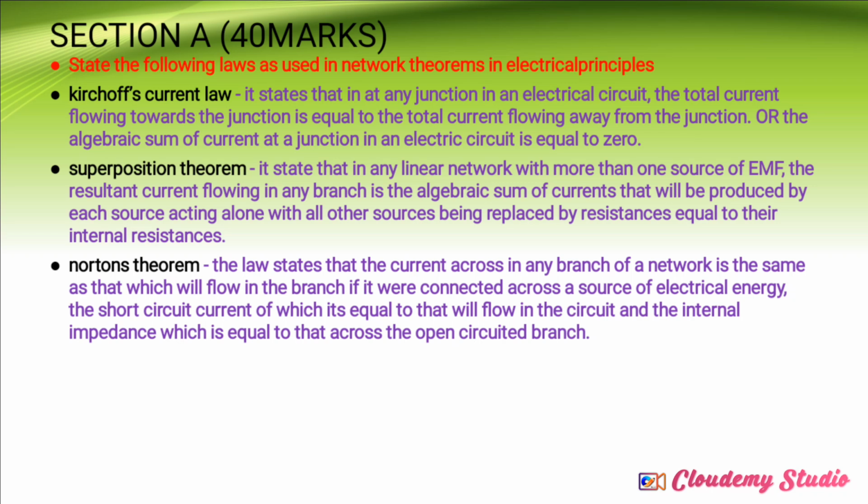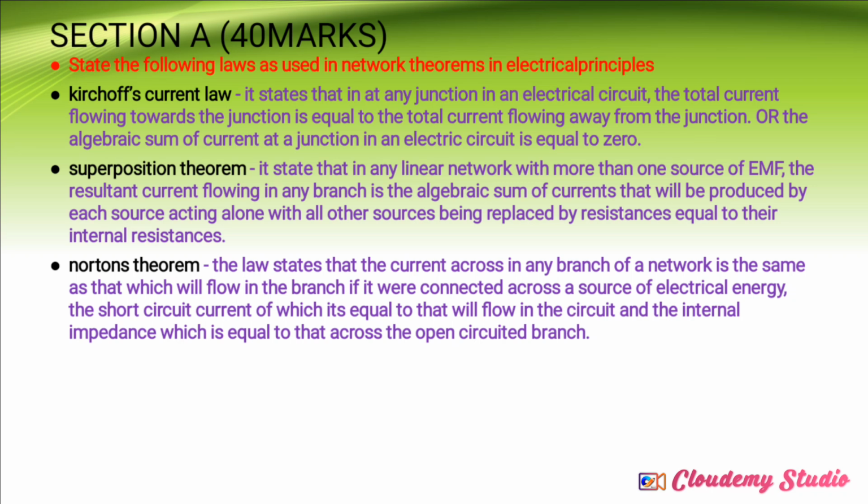So when asked about Kirchhoff's current law, all that has to come into your mind is we are talking about current at a node or a junction, and the relationship between those currents depends on the direction, that is currents that move towards the junction and currents that move away from the junction.